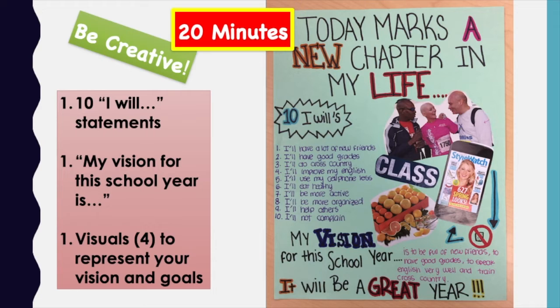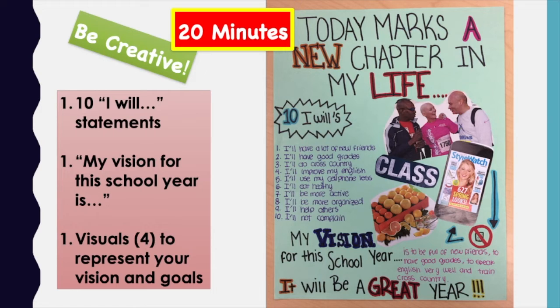And then you're going to make a vision statement. Write one sentence at the bottom of what you want your year to be like. And you're going to start it off with that sentence starter. My vision for this school year is, and then you tell me what your vision is going to be.